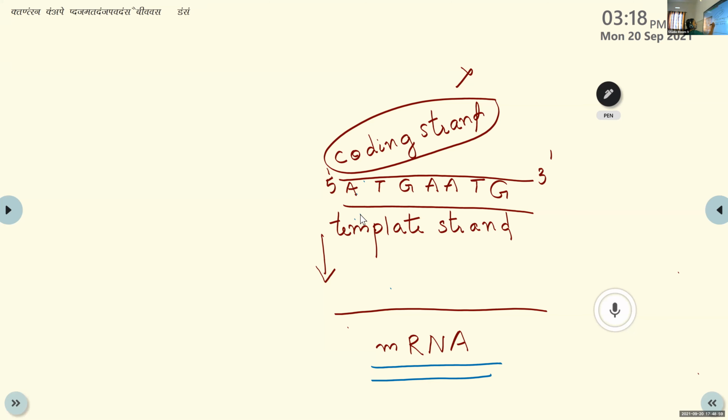So here it will be T, A, C, T, T, A, C. Did you understand this part? Why it came like that? TAC, TTAC. These 2 are complementary. Now this information, which I have given in blue color, will be copied onto messenger RNA. So corresponding to T, what should come?